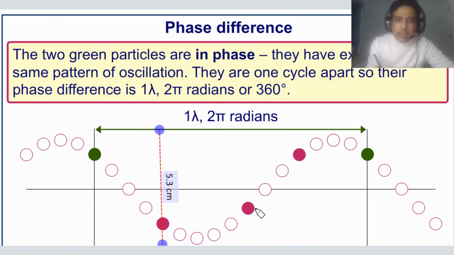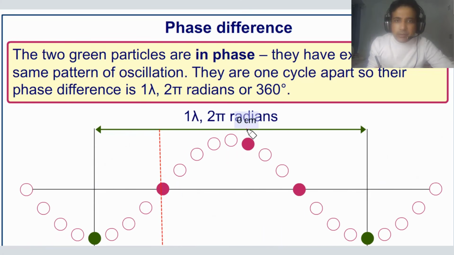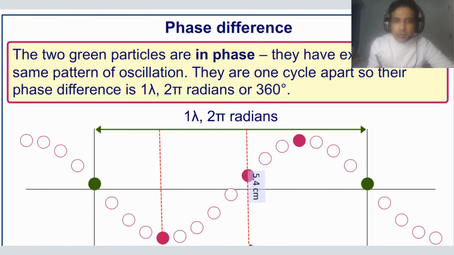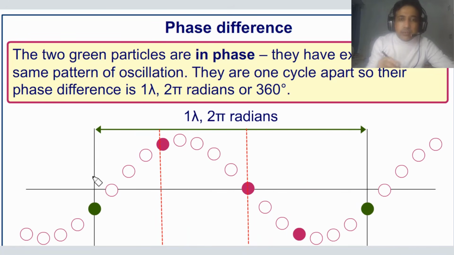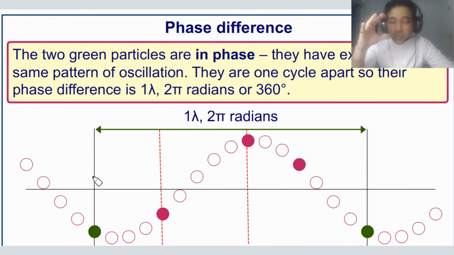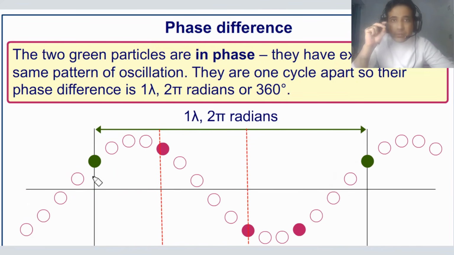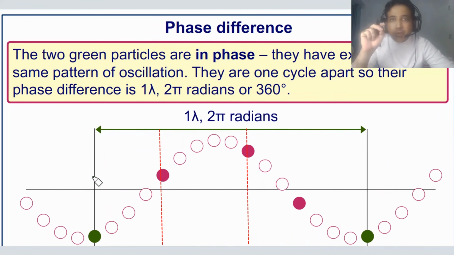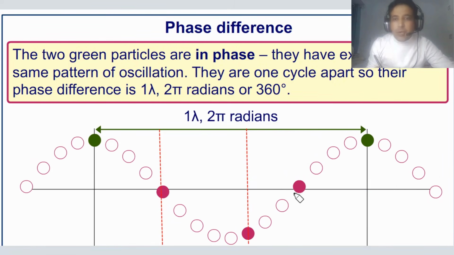Now if you look at the next particles, for example, we can take this particle, we can also draw the line here. If you look at this particle and this particle, they are 180 degrees out of phase, and the phase difference does not change with time. So the phase difference between any two particles remains the same with time. That's the point you need to understand.